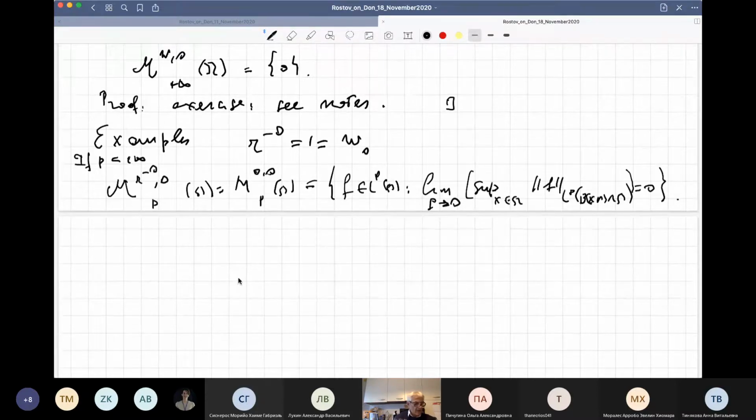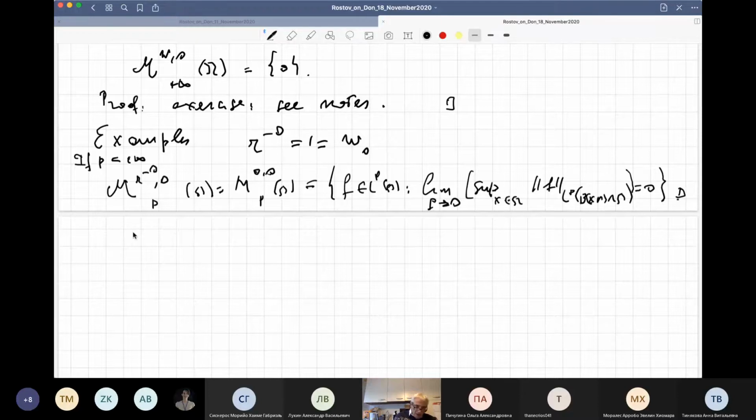These are the examples that are justified by the previous proposition, because this function here is bounded from below and above, and from below away from 0, so it's 1.